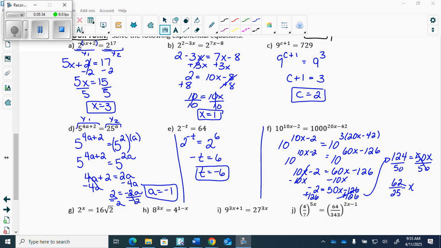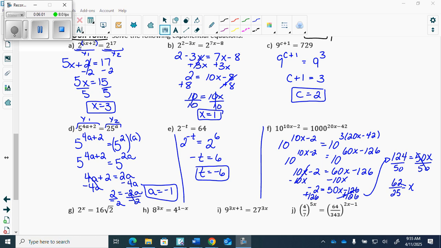So this is wrong. So we have 10x minus 2, and then we have 10 to the 3 is 1,000. So I get 60x, and then 42 times 3, 126. Now I don't trust my math. Okay, and then when I add 10 and 60, I subtract it, I get 50.